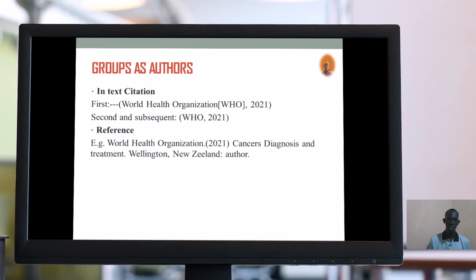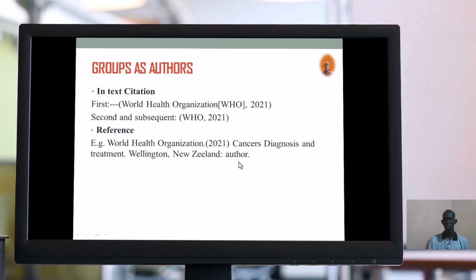Then in our references, this is how we can reference. You can put World Health Organization, then 2020, which is in brackets 2021. The topic is diagnosis of cancer and treatment. Where it has been published, it is in New Zealand. Then who has published it? It is the same organization that has published it.